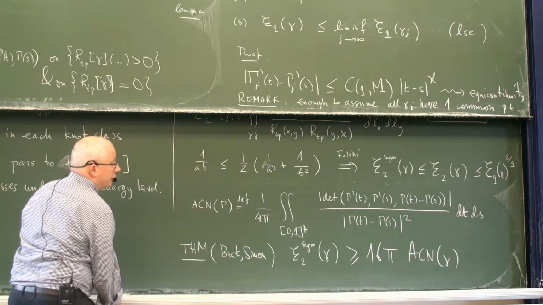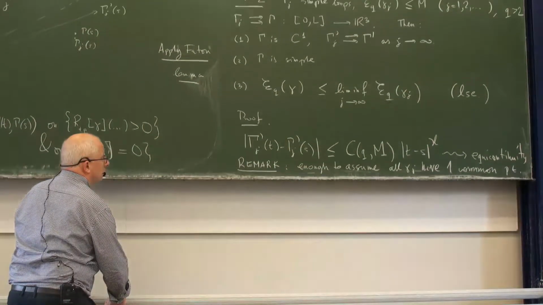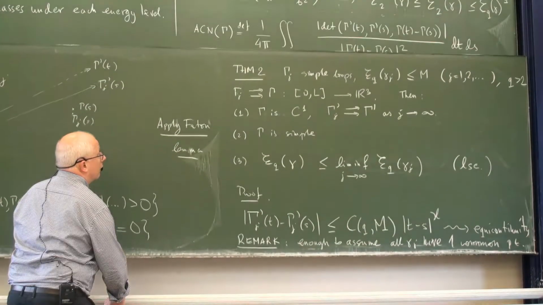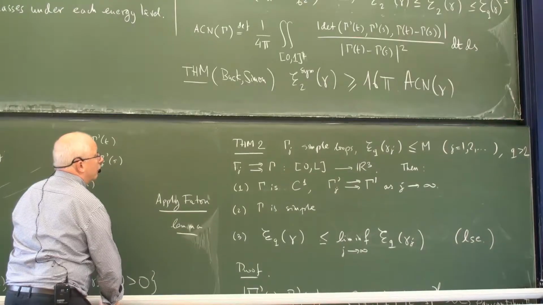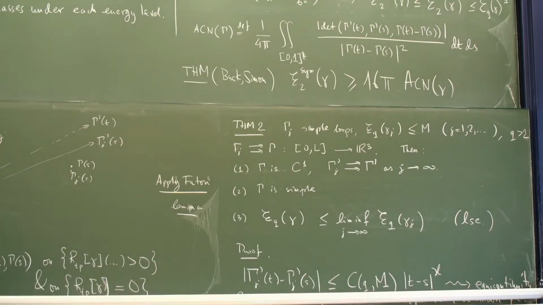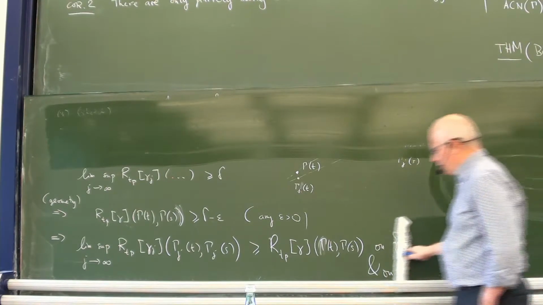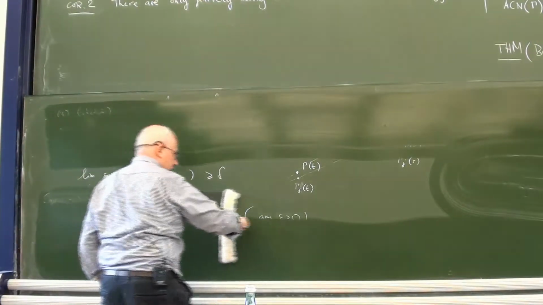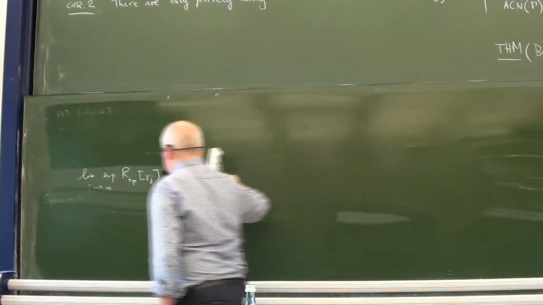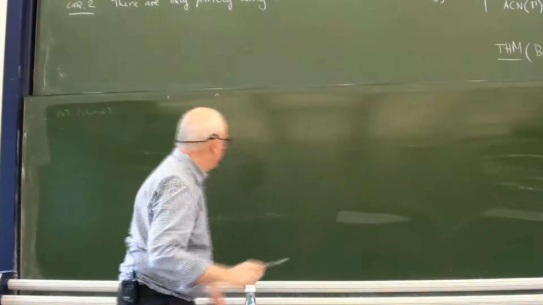For those of you who have not seen the formula for the average crossing number, the geometric meaning is that you take your curve, project it on a plane, count the crossings in the projection that you obtained, and average this over all possible directions of the projection.